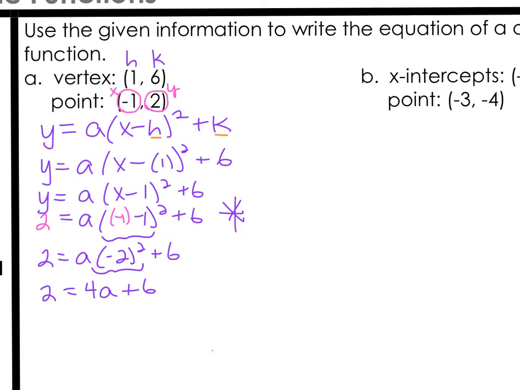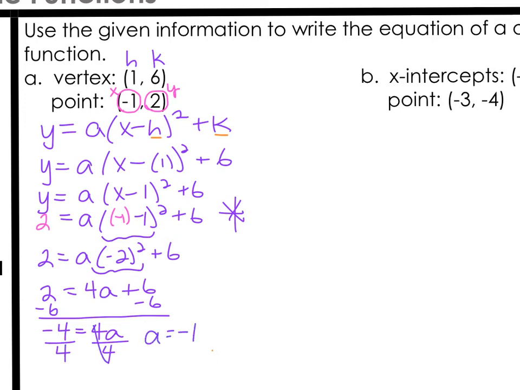Now to get a by itself, we would need to move 6 over by subtracting. 2 minus 6 is negative 4, equals positive 4a on the right. Divide both sides by 4, and a equals negative 1.